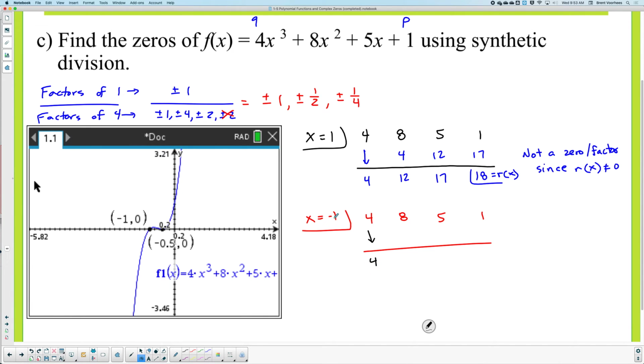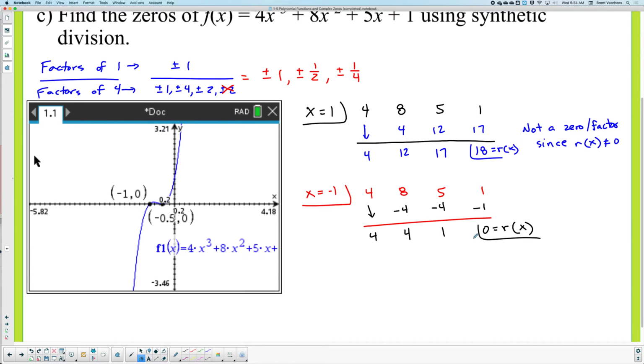What's 4 times -1? 8 minus 4 is 4. 4 times -1? 5 minus 4? 1 times -1? And what do we get? 0. Is that a factor? Yes. Now, that's a 0. That's not all positives. See, that's a 0. So you couldn't use that rule here. This is a 0 or a factor.